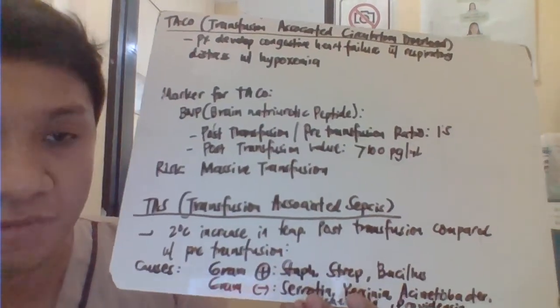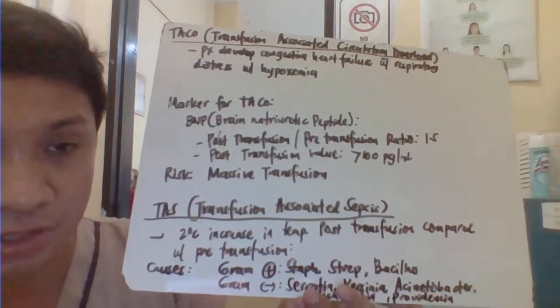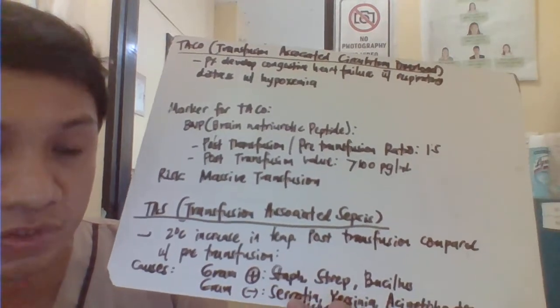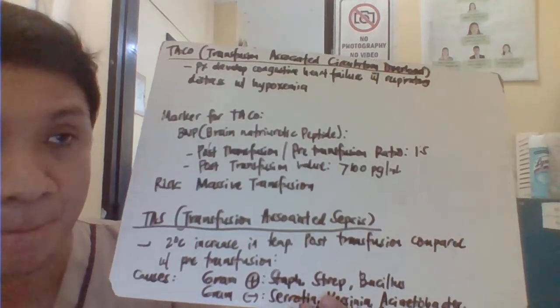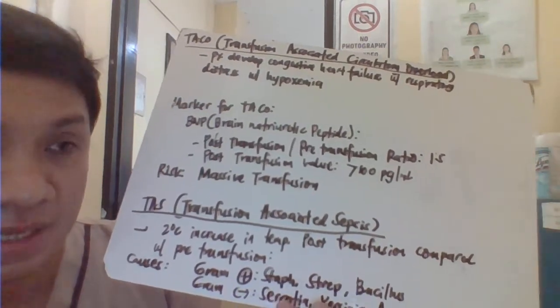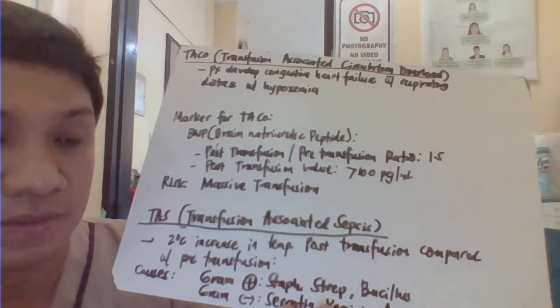Okay, the next one, we have your TACO. TACO, transfusion-associated circulatory overload, is characterized as a complication of massive blood transfusion that results in congestive heart failure, plus pulmonary distress and hypoxemia because of, again, too much blood administration.